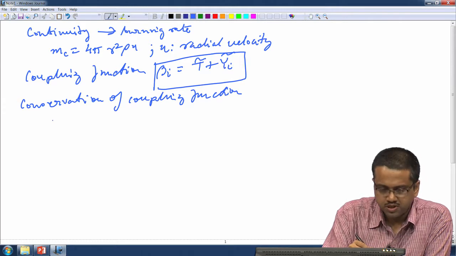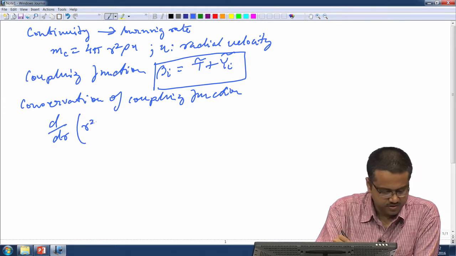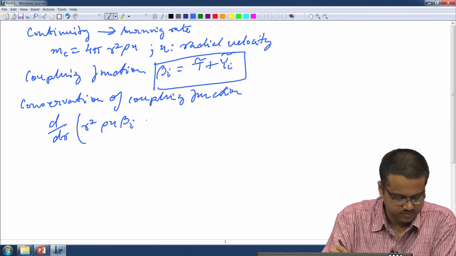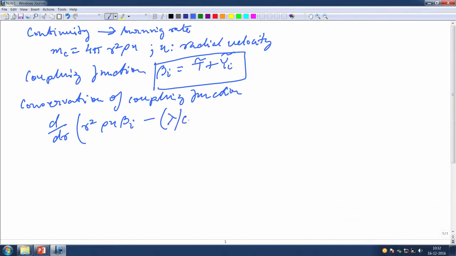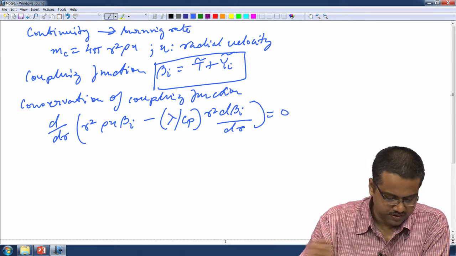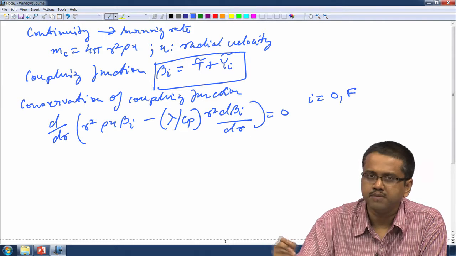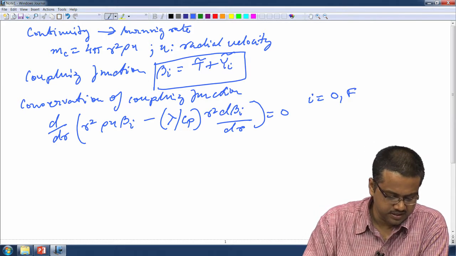So, once we do the conservation of the coupling function, this is basically lambda by Cp r square equal to 0. Here i can be the oxidizer or the fuel.